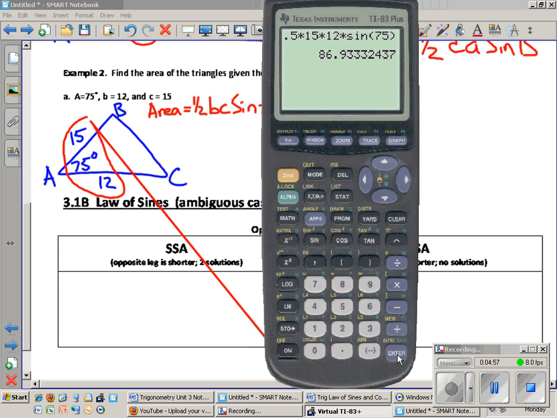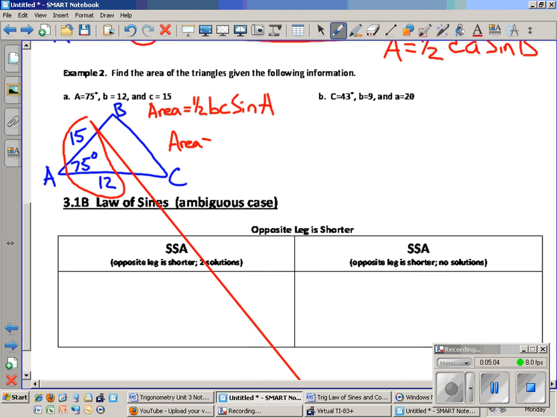Multiply all those together, 86.93. So the area is equal to 86.93.